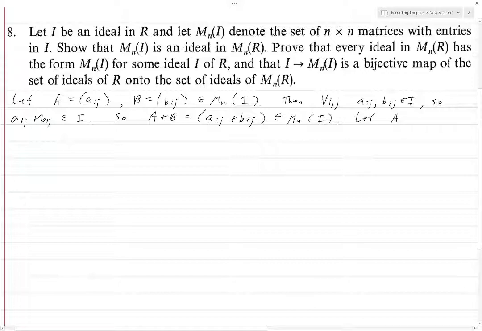Let A be the same thing as before, and let R, with entries r_ij, simply be in M_n(R).